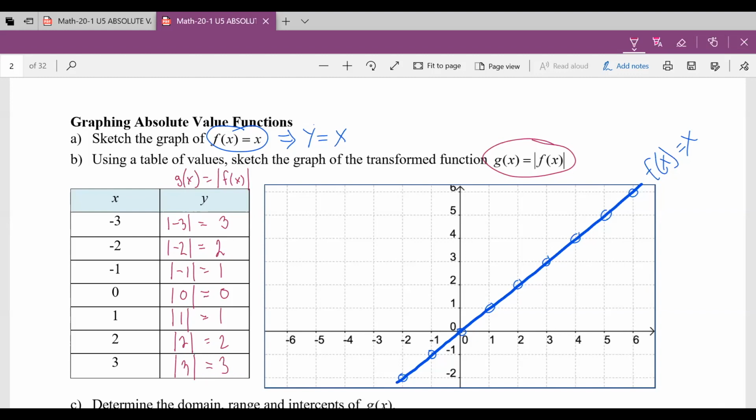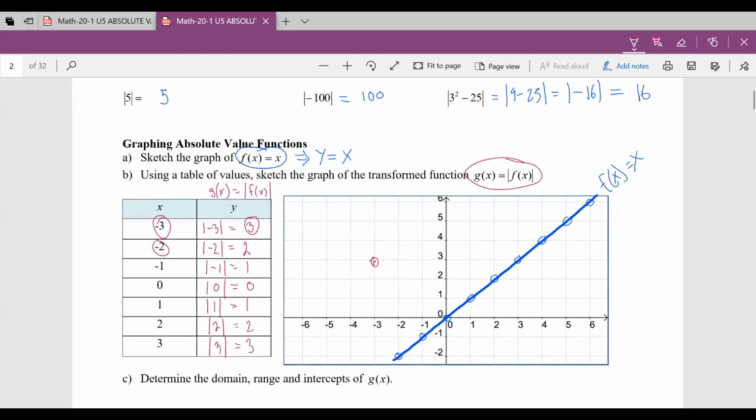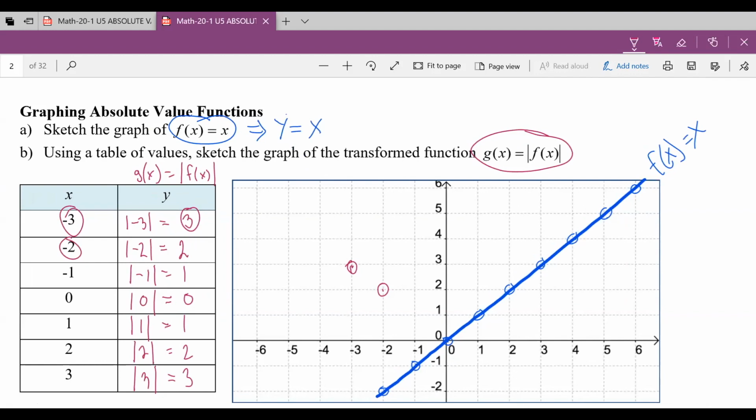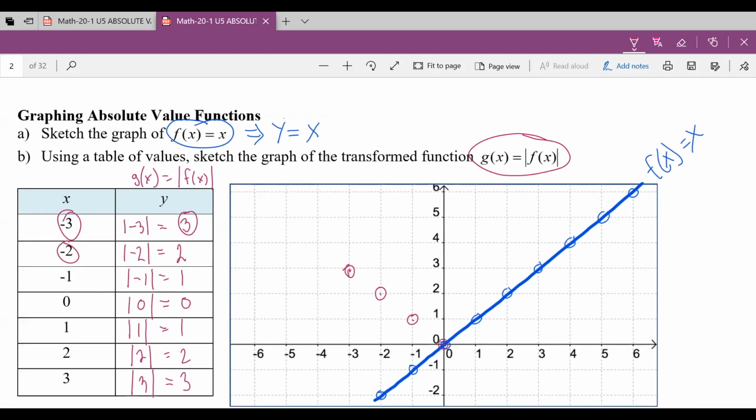When x equals -3, that's over here, y is going to be +3 right there. There's the x value, and there's the corresponding y value. When x equals -2, y is going to be +2. And when x equals -1, y is going to be +1. When x equals 0, y is going to be equal to 0 as well.